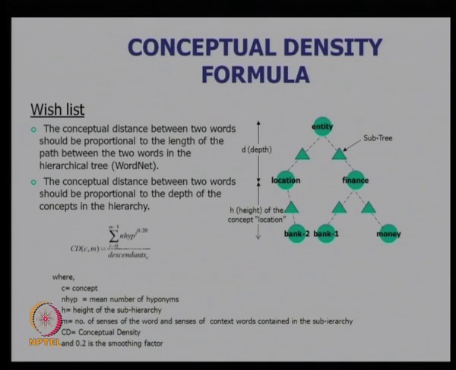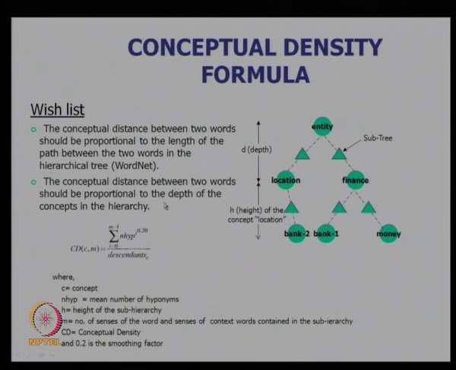the wish list. The wish list is that the conceptual distance between two words should be proportional to the length of the path between the two words in the hierarchical tree, and here the tree is WordNet. The conceptual distance between the two words should also be proportional to the depth of the concept in the hierarchy.